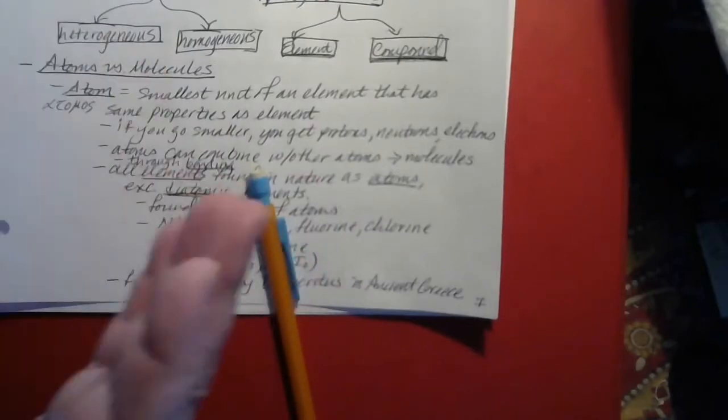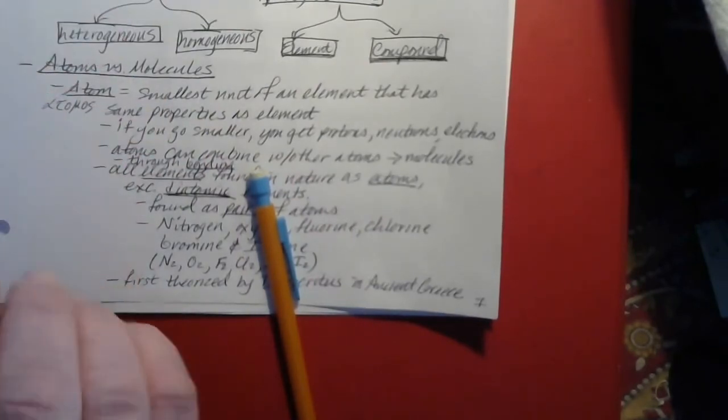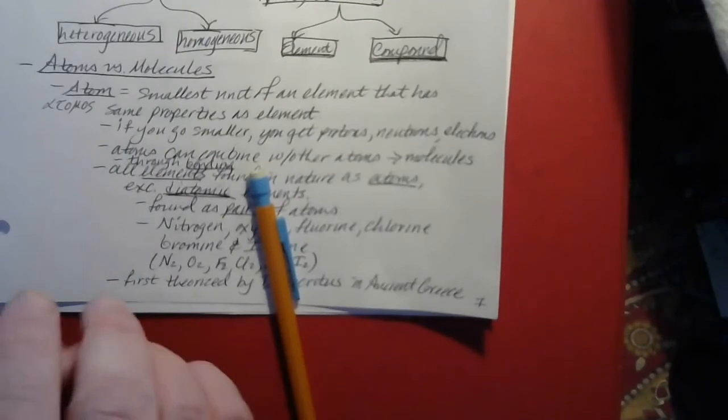If you break it down any further than the level of atoms, then again, you're getting subatomic particles like protons and neutrons and electrons, and they are all the same as each other. In other words, a proton from hydrogen would be the same as a proton from iron. An electron from oxygen would be exactly the same as an electron from lead, and so on.